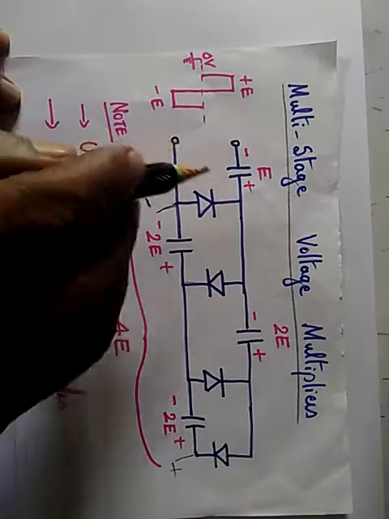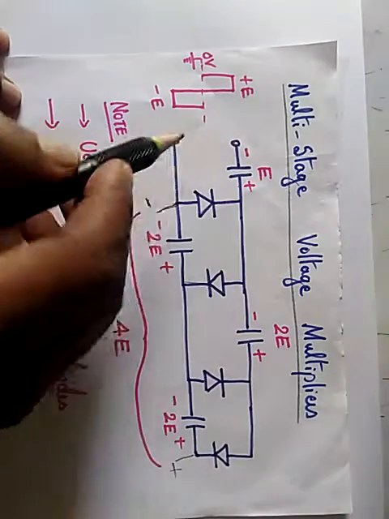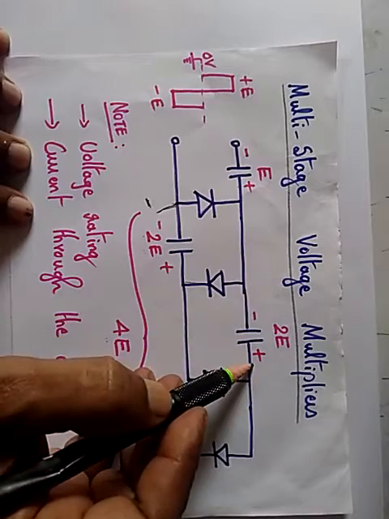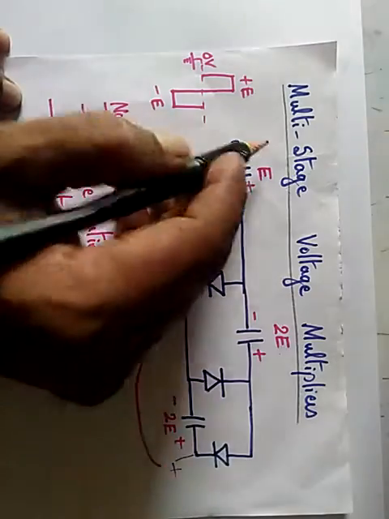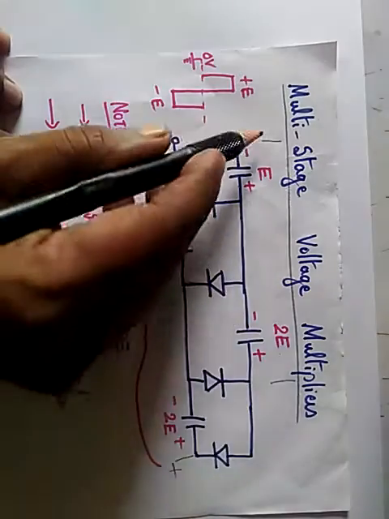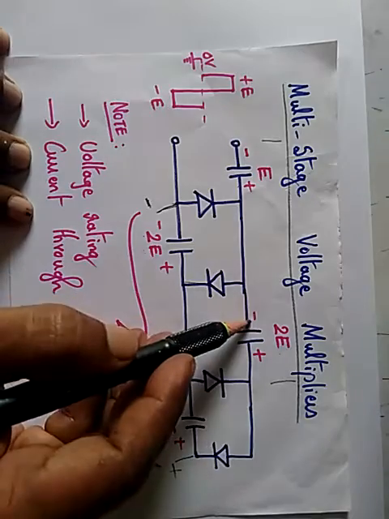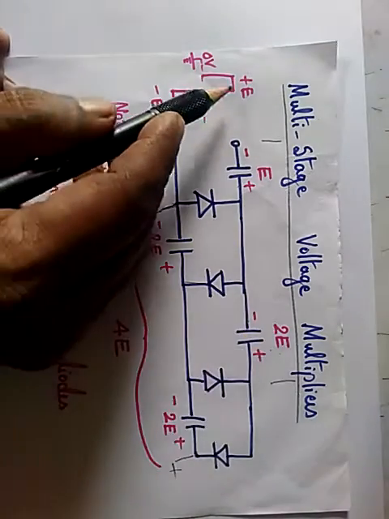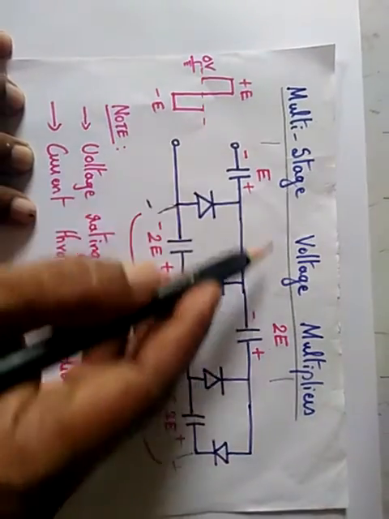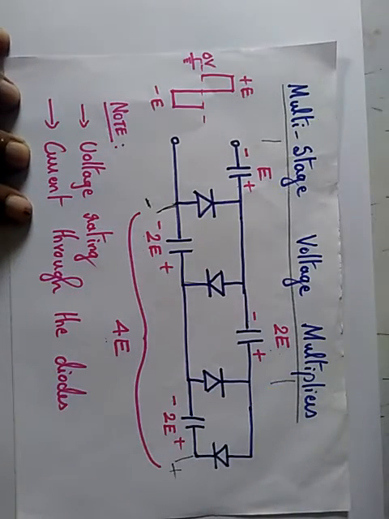Similarly, between these two points it will be 10 volts, and between these two points it will be 20 volts. But between this point and this point, you will see 30 volts: E, a rise of E, and once again a rise of 2E.